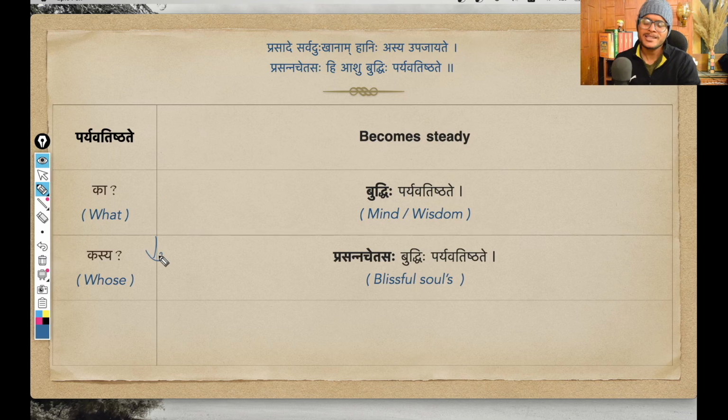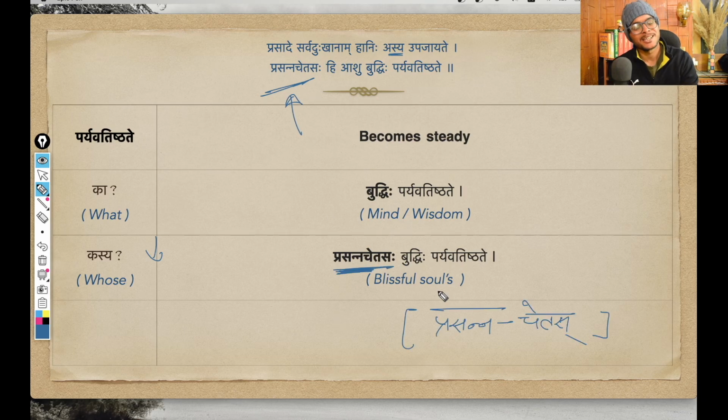Then again, kasya buddhihi paryavatishthate? And again we know he's talking about that same asya, his. Who is this? This is the Vidheya Atma, the Sthita Prajna person. Okay. So we know he's talking about that same person, but then again he's using another adjective for him. Prasanna Chetasaha. And this Prasanna Chetasaha is coming from the samasta padam Prasanna Chetas.